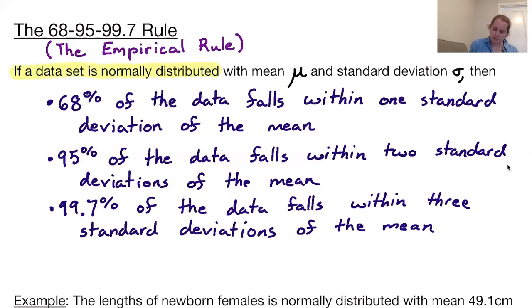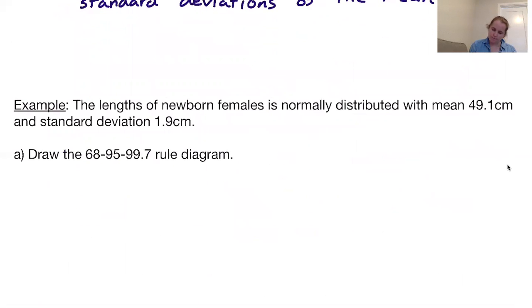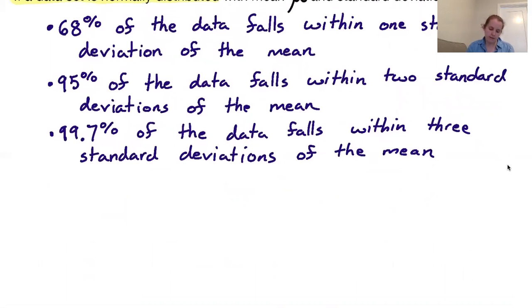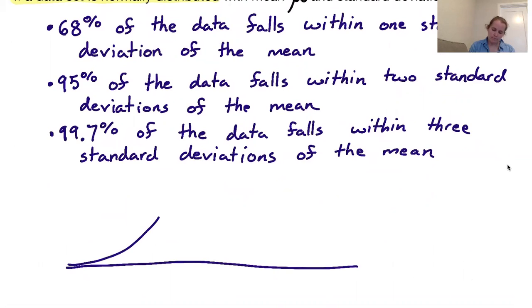So I'm going to quickly give myself a little more space. So essentially what this means is we have our normal curve. Here's our mean. Going out one standard deviation.